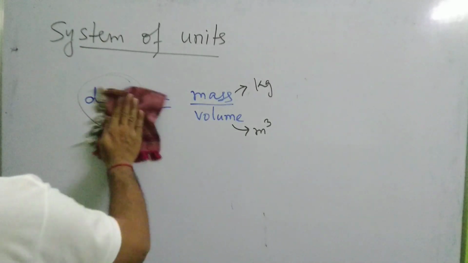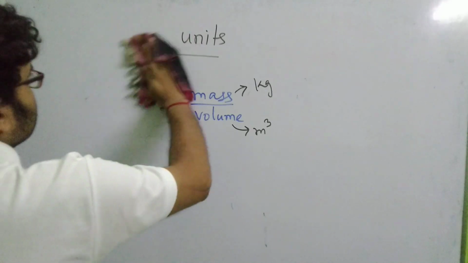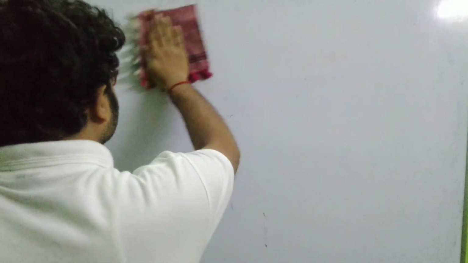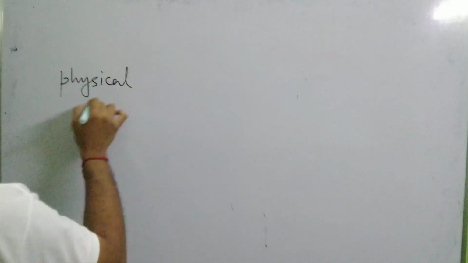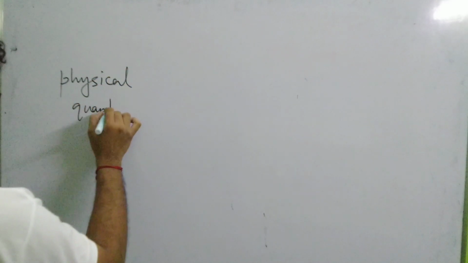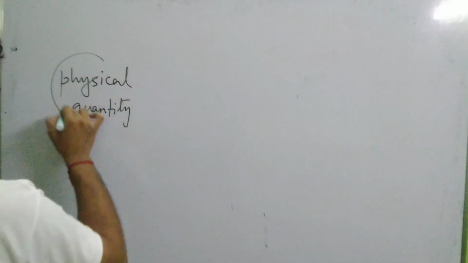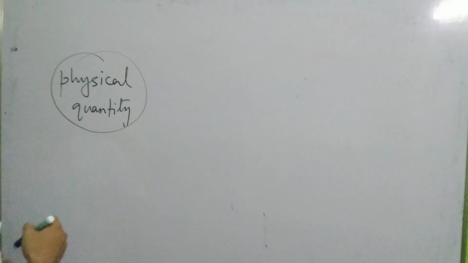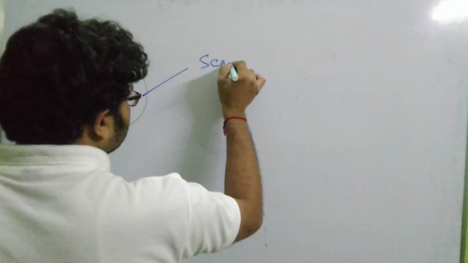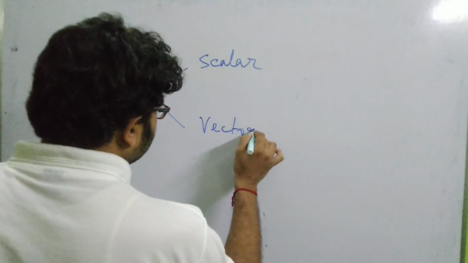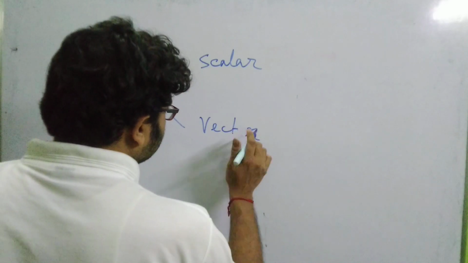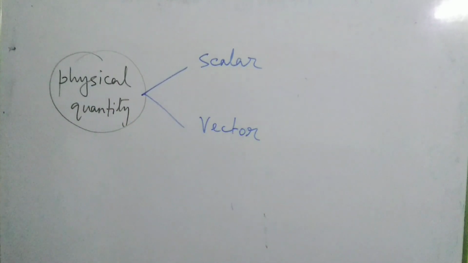Now next we can classify the physical quantities into another two categories. Physical quantities can also be classified, apart from fundamental and derived physical quantities which we have already discussed, into scalar physical quantities and vector physical quantities. You might be wondering what these are. It's very easy.